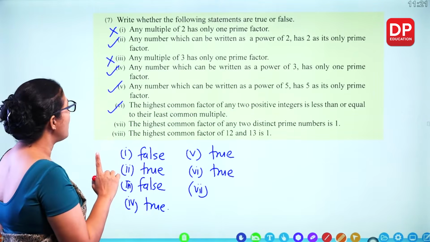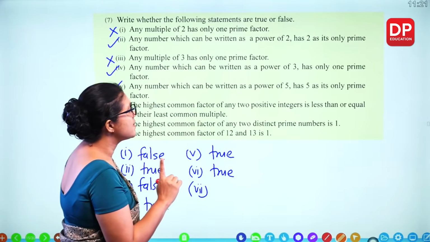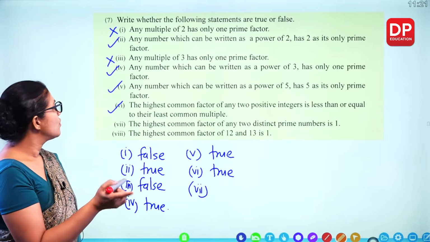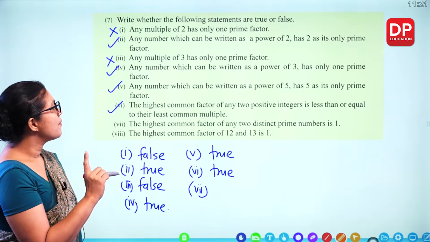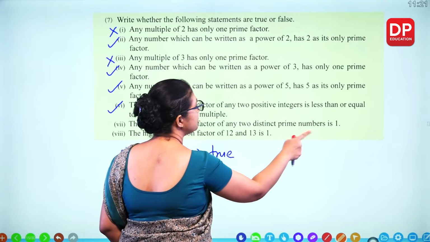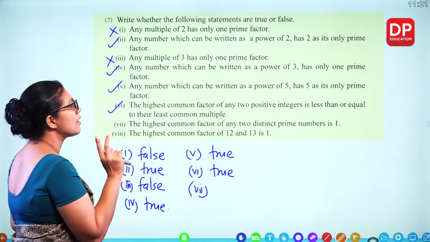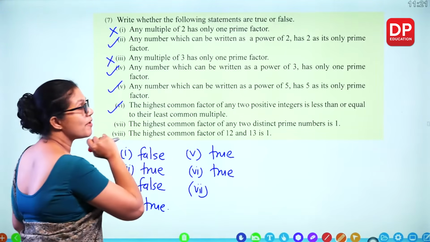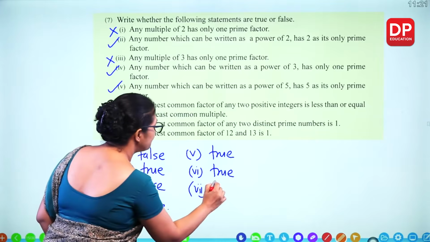The highest common factor of any two distinct prime numbers is 1. If the two are distinct prime numbers, the highest common factor is 1. That's true.